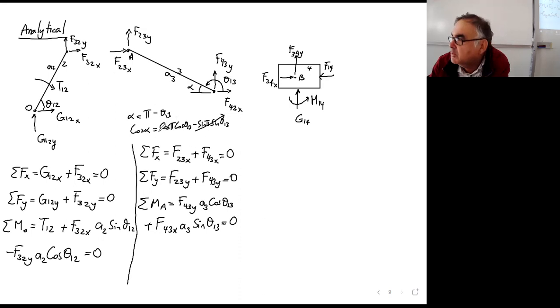And cosine pi would be minus 1. So it is minus cosine theta 13. But its direction is opposite. So minus with a different direction is correct. So it's plus.